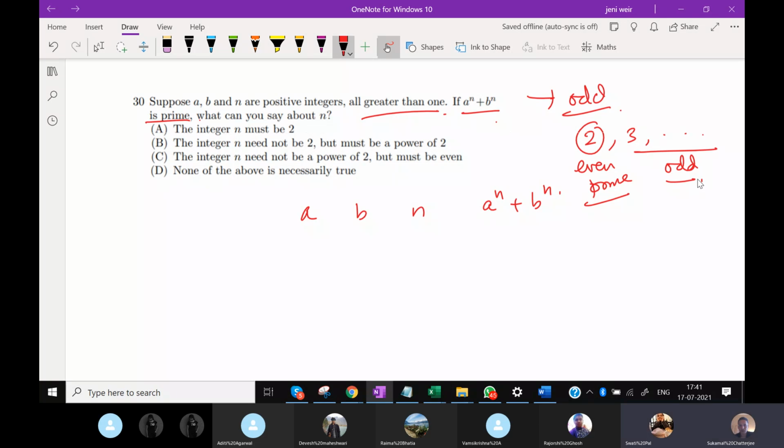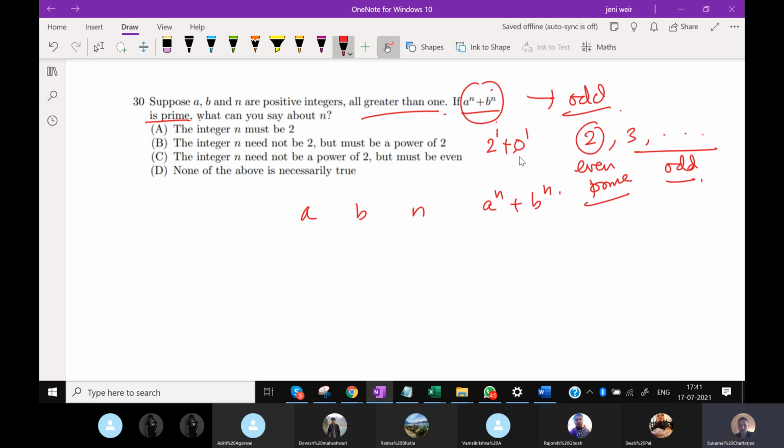So if this has to be even, then what should be the value of a, b, and n? One between a and b has to be 2, n has to be 1, and the other number has to be 0. Then only this can become equal to 2. This is the only way that this can be 2.